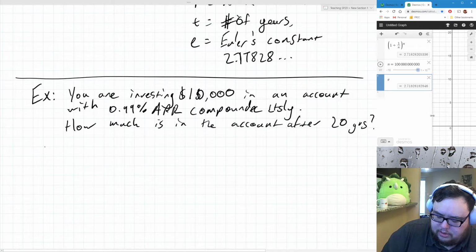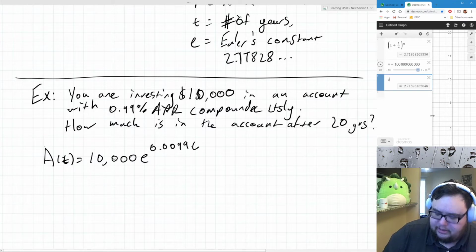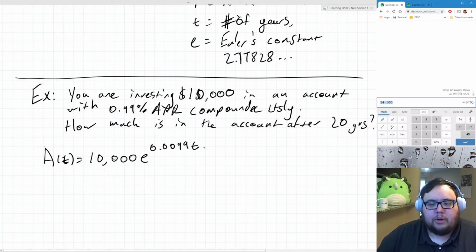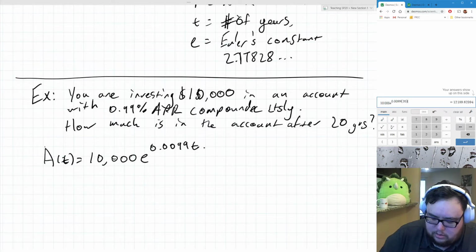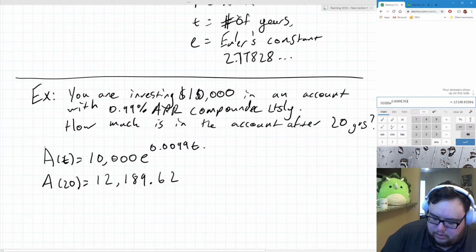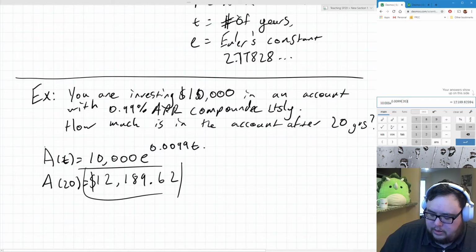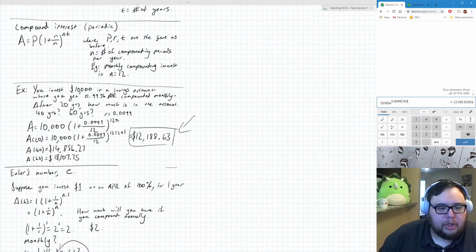Well, that would be A of t. A of t is equal to 10,000 times e to the 0.0099 t. And if we plug that into our calculator, A of 20 ends up being 12,189.62 dollars, which is just a tiny little bit more than what we got when we were compounded monthly.